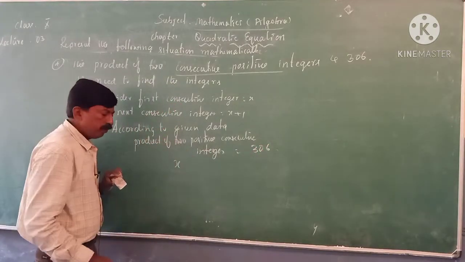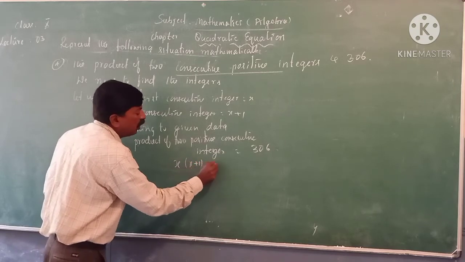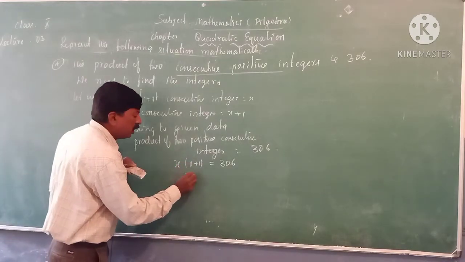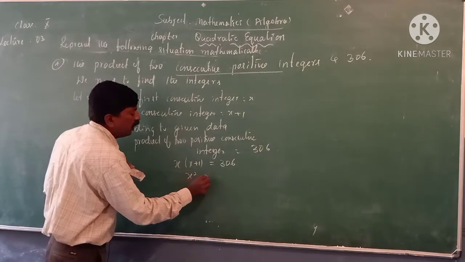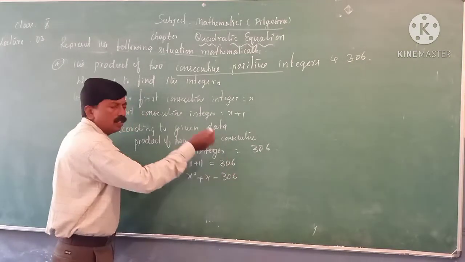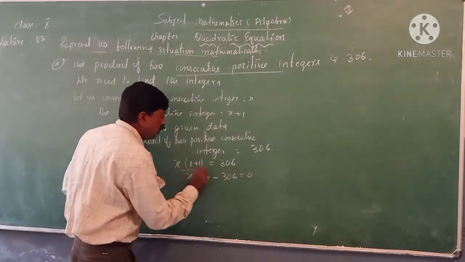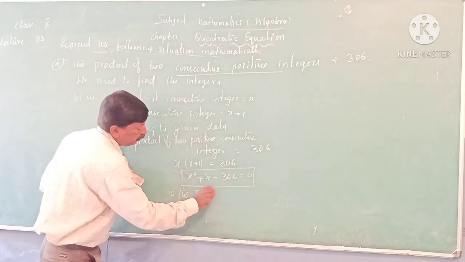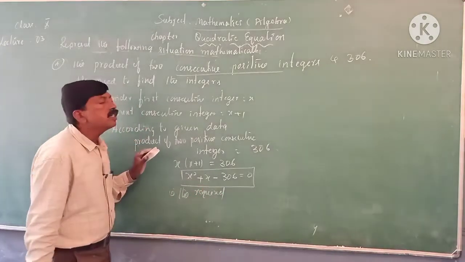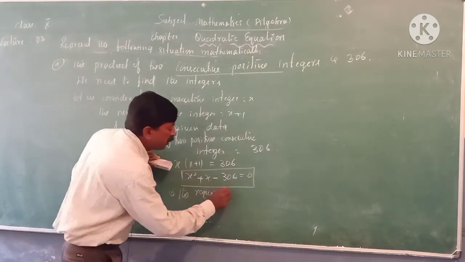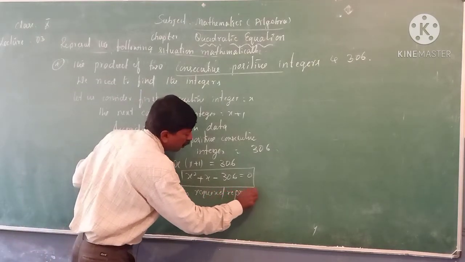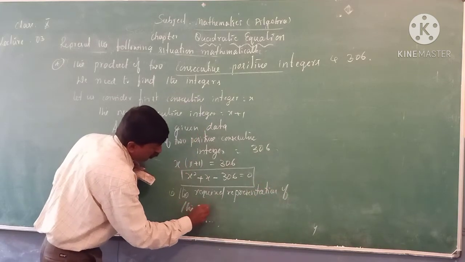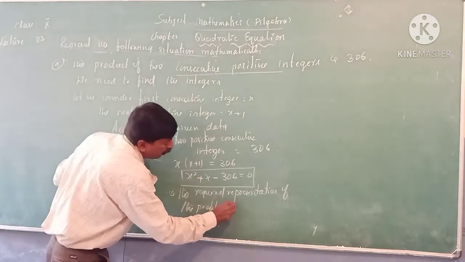One is x, another is x plus 1, and their product equals 306. So x into x is x square, plus 1 into x is x, minus 306, you can shift from the LHS, equals 0. This is the required representation of the problem mathematically.